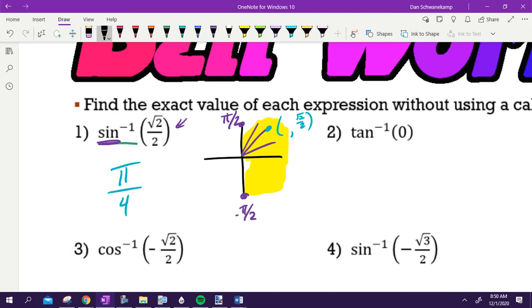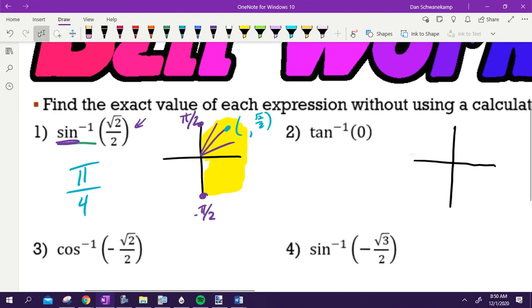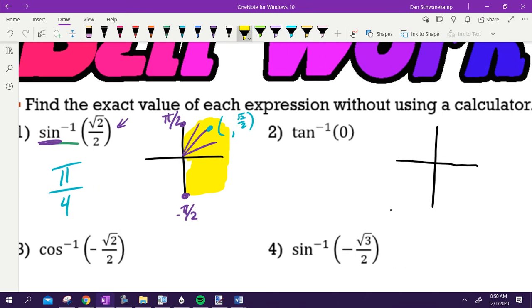Let's look at number 2. I want tangent to be 0. So I'm thinking on my unit circle, I want to know when my tangent's going to be 0. In between which two quadrants am I living in? 1 and 4. So again, I'm between negative pi over 2 down here and pi over 2 up there.